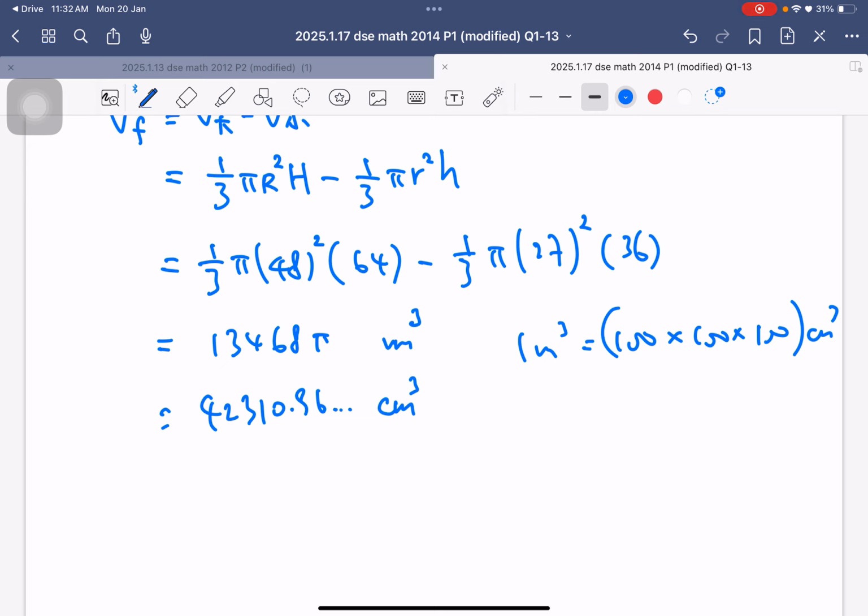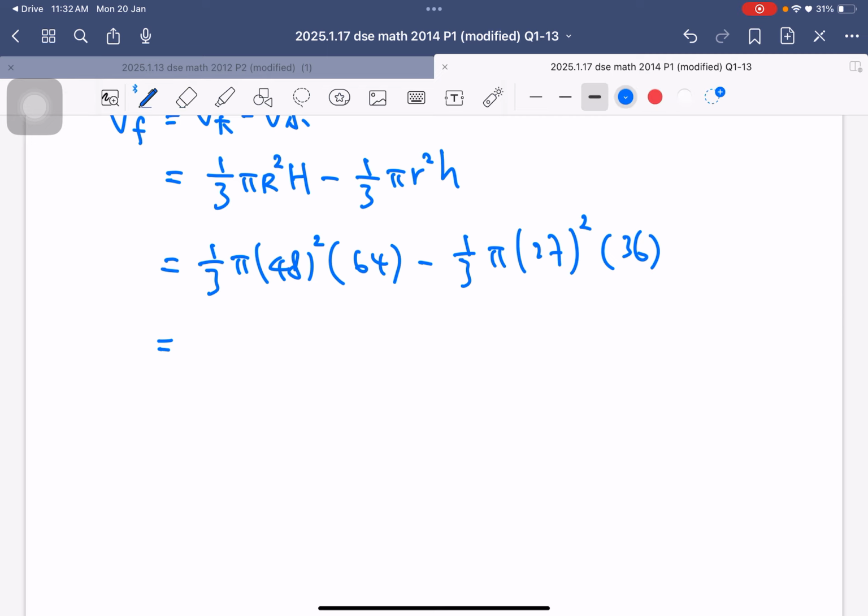Sorry, did I divide by 3 already? Yes, it is divided by 3 already. Sorry, my mistake. So 4044 pi. I forgot to multiply by pi already. So 126933 cm cubed.